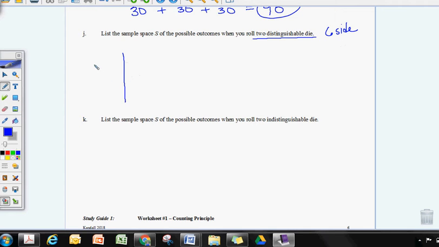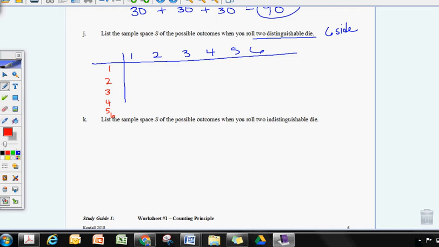This is kind of how I organized it. I had 1, 2, 3, 4, 5, 6. That's the first die. The second die is 1, 2, 3, 4, 5, and I'm going to squeeze in that 6, going that way.